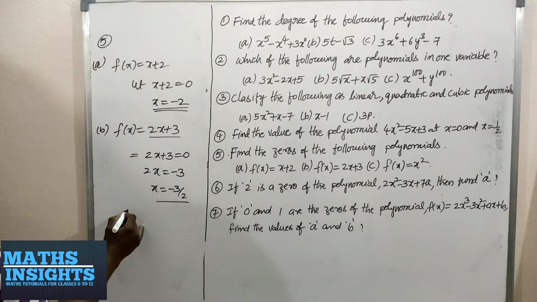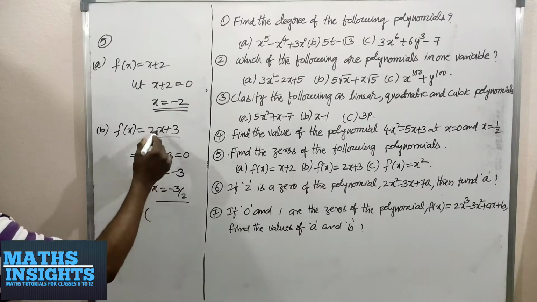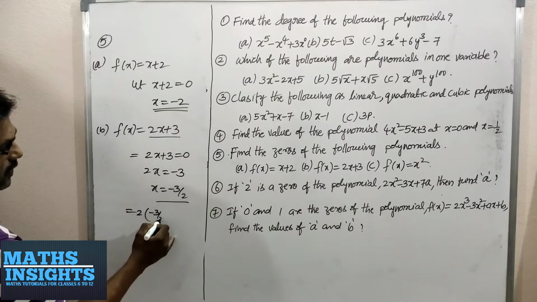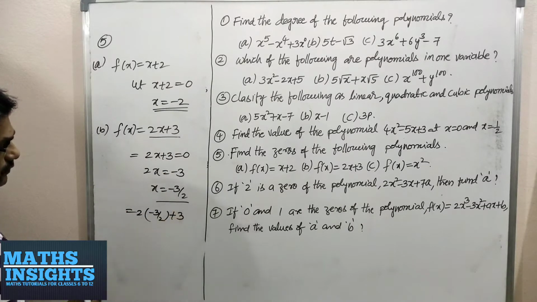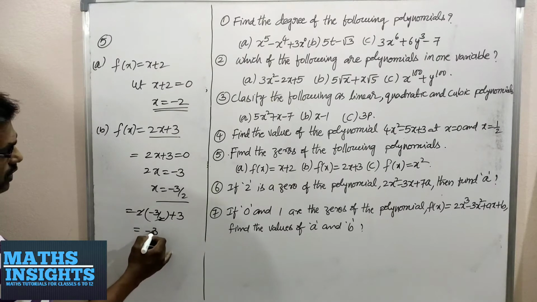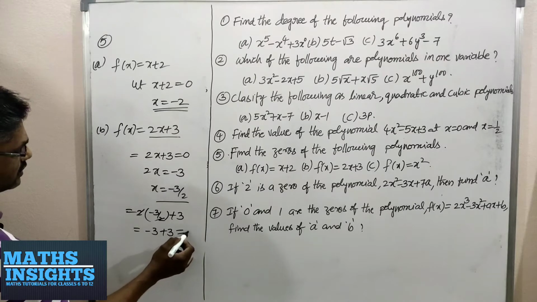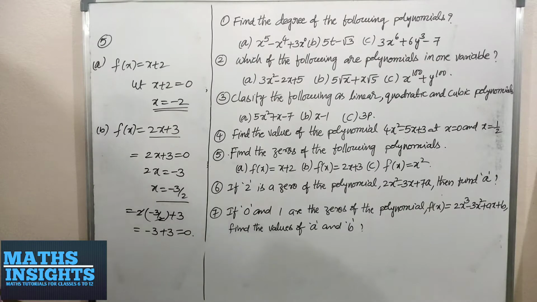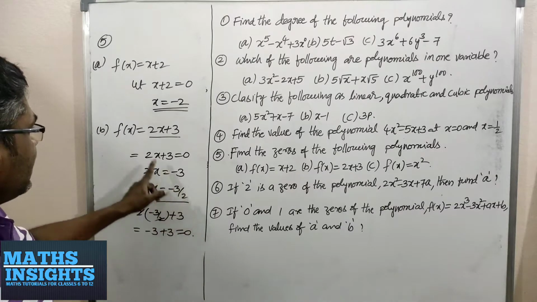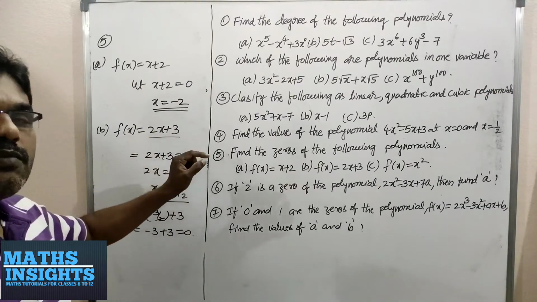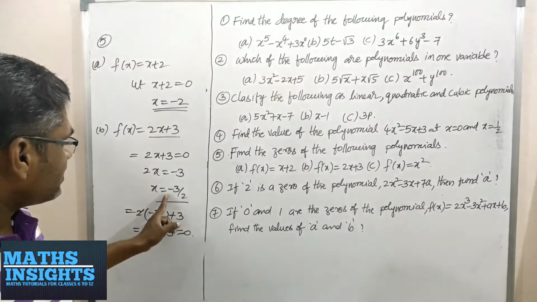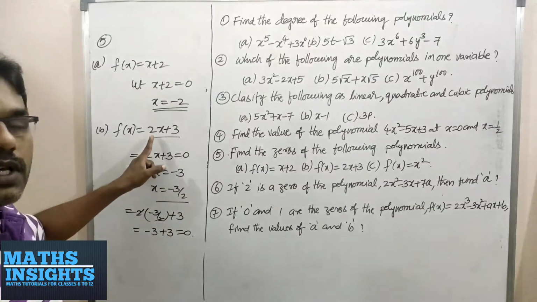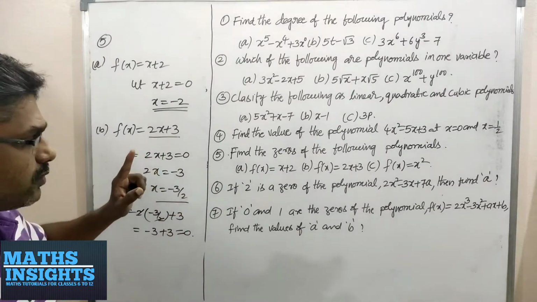You may observe that 2 into x value, minus 3 by 2, plus 3. See, you may cancel this 2 on 2, that is equal to minus 3 plus 3, that is equal to 0. Therefore, if you are putting x equal to minus 3 by 2, then the value of this polynomial is becoming 0. That's why x equal to minus 3 by 2 is said to be the zero of the polynomial.